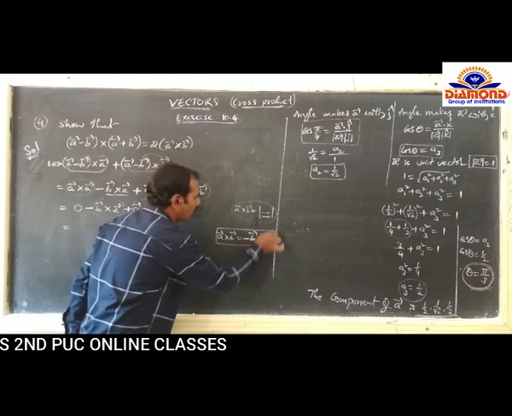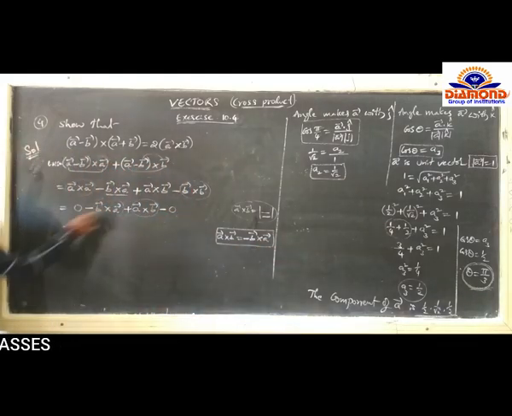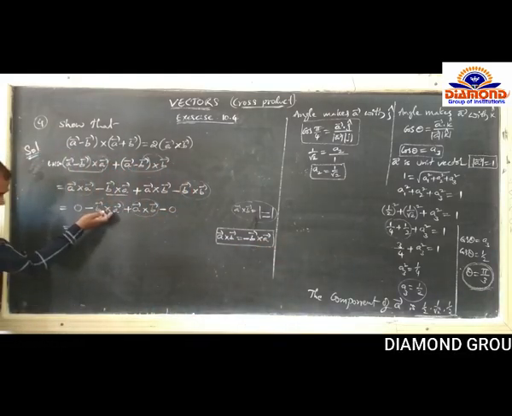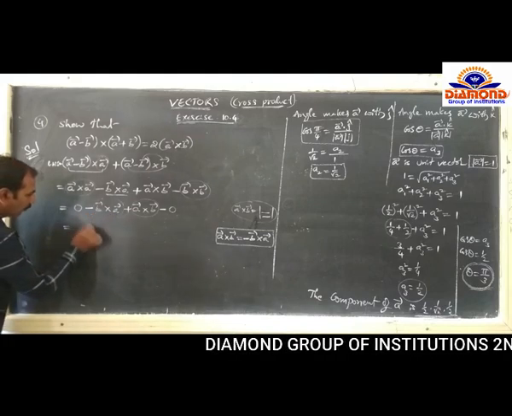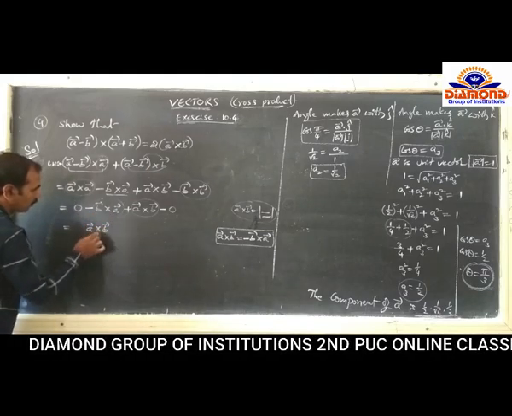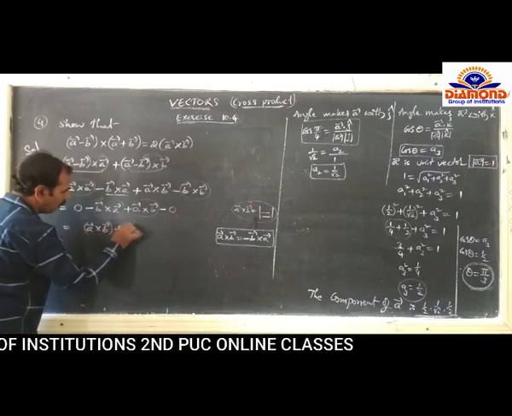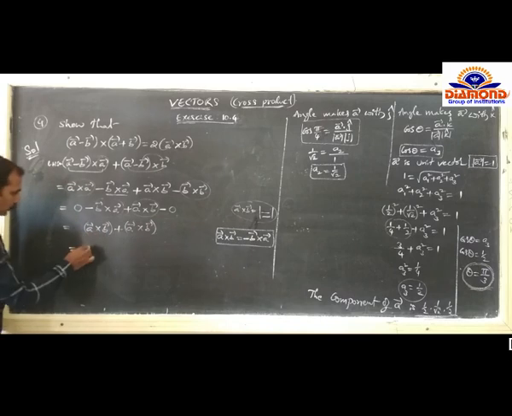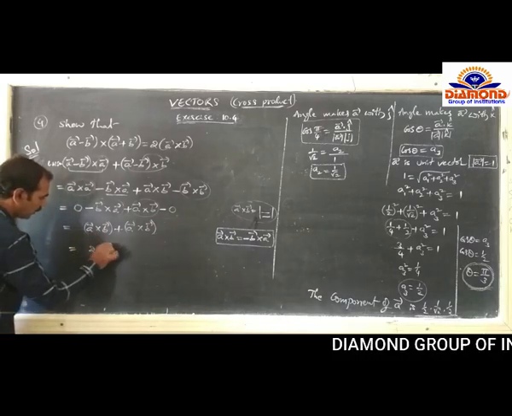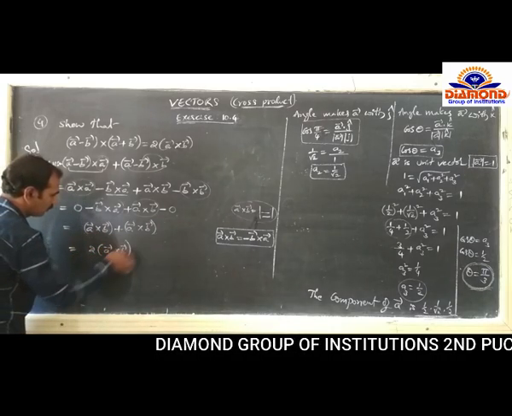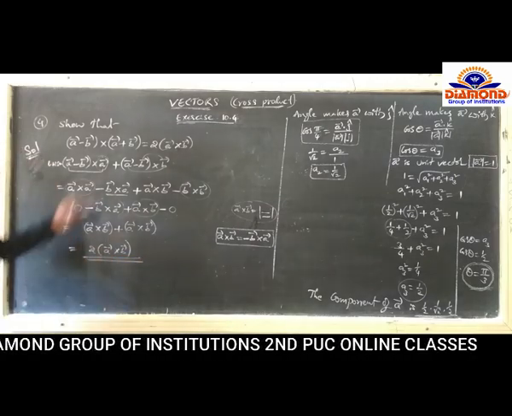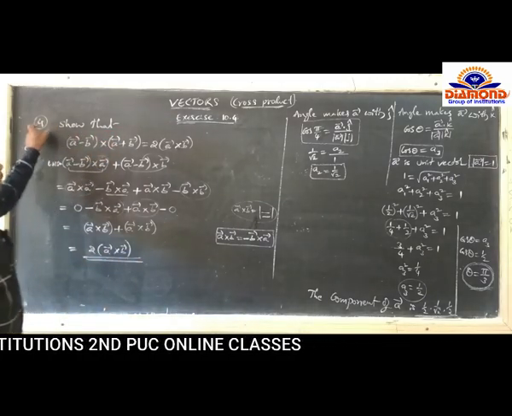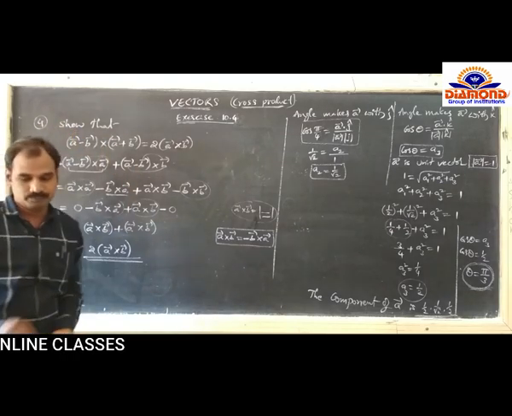That's why here it becomes a bar cross b bar plus a bar cross b bar, which equals 2 into a bar cross b bar. So this is the solution of this one. So this is the fourth problem.